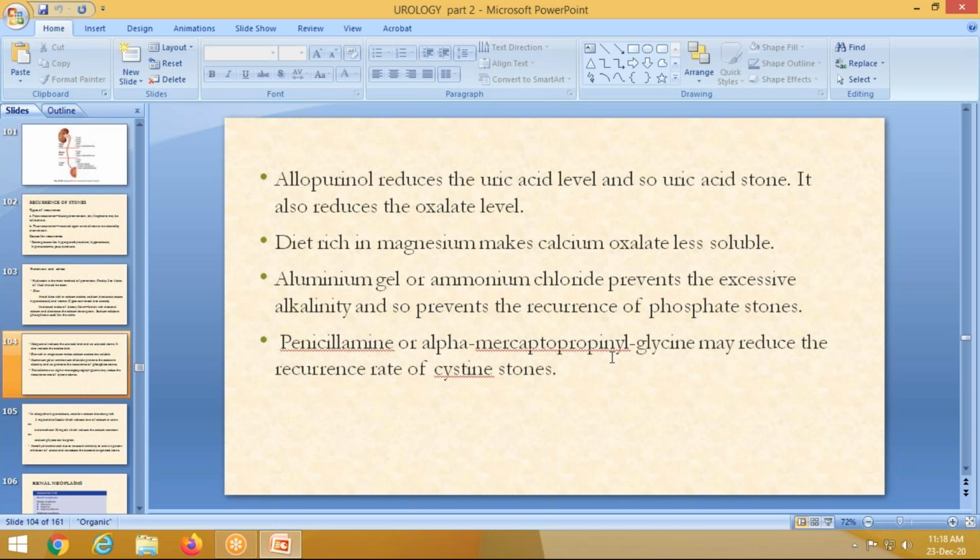The cystine metabolism may be reduced by giving penicillamine or alpha-mercaptopropionyl glycine, so that cystine stones are reduced. These are the various drugs used to prevent the recurrent formation of stones.